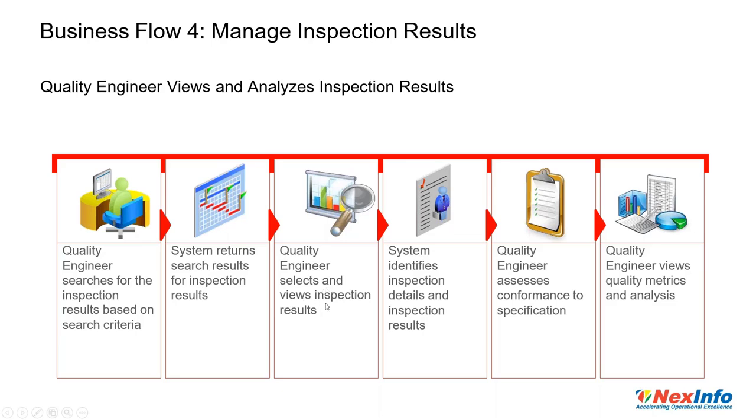The quality engineer would select and view the inspection result. The system would then identify inspection detail and the detailed inspection results, and then the quality engineer can create some metrics to determine the conformance of specification, view quality metrics and do further analysis or have some more reporting based on that. So this is how you would manage the collective inspection results.